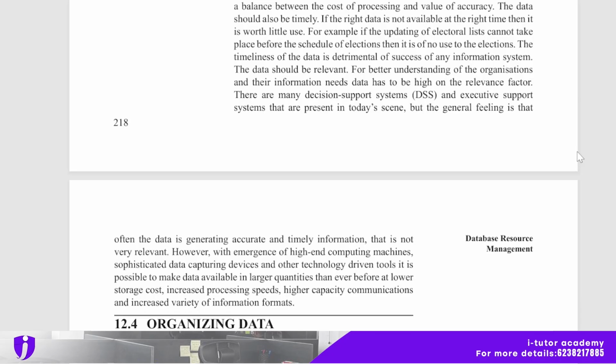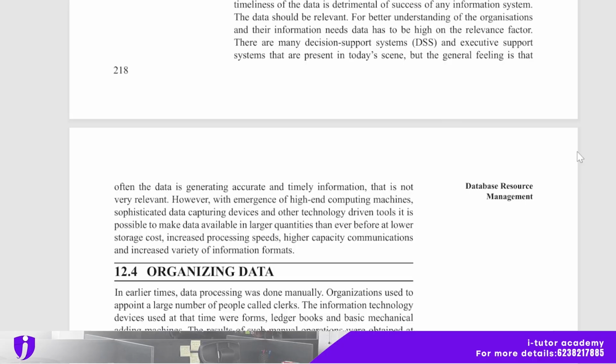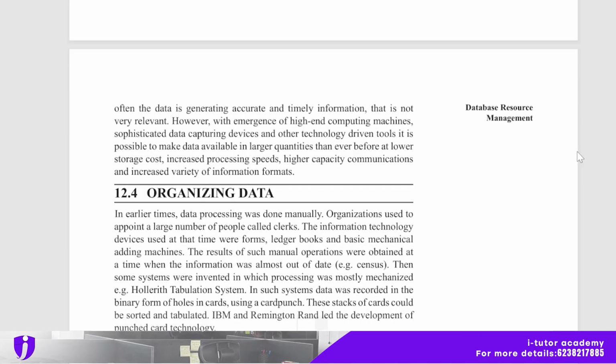Now, organizing data. In earlier times data processing was done manually, so organizations used to appoint a large number of people called clerks. The information technology devices used at that time were forms and ledger books, and basic mechanical adding machines. The results of such manual operations were obtained at a time when the information was almost out of date.